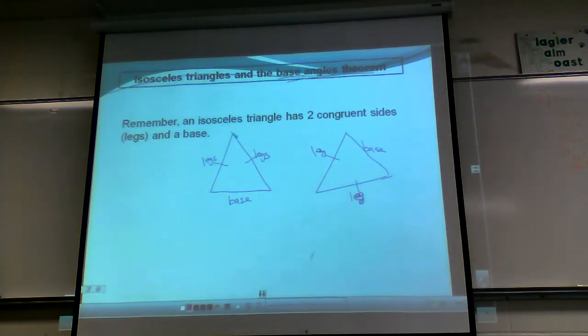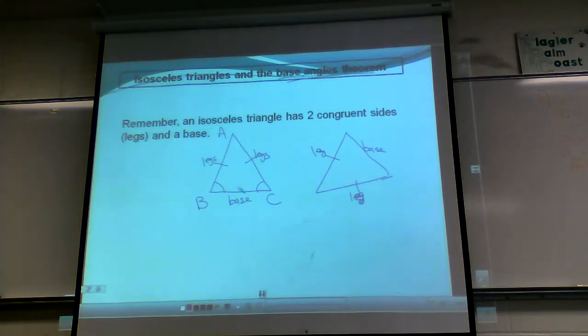So if I label this triangle A, B, and C, out of those three angles, which two do you think would be the base angles? B and C. Those are the ones that are on the base. So that's going to be the first key thing you have to know in order to get this theorem down.